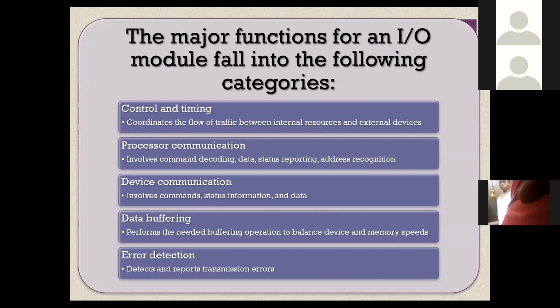And then the I/O module returns the device status. Yes, it's attached. Is it powered on or is it off? If the device is operational and ready to transmit, in which case it is on and may be ready, then the processor requests the transfer of data by means of a command to the I/O module.